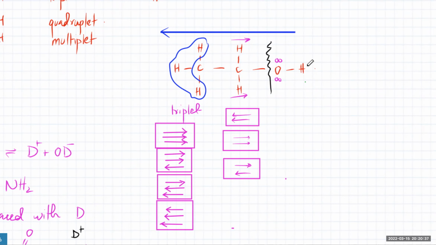Is that clear? Yes. So the point is, when it's an OH hydrogen, these hydrogen protons will not be able to interfere with this hydrogen proton or its magnetic field, because the electrons over here will be creating a shielding effect. So the magnetic field of these two things will not interfere, which is why this would always be a singlet peak.